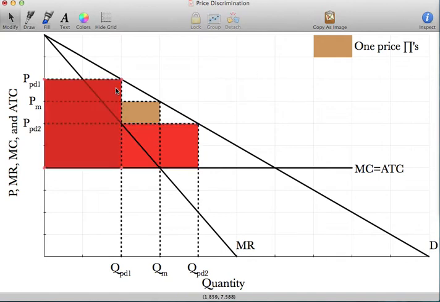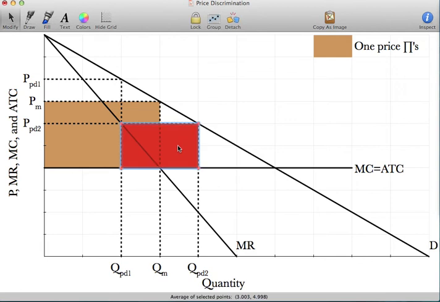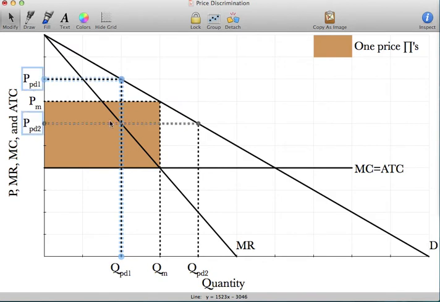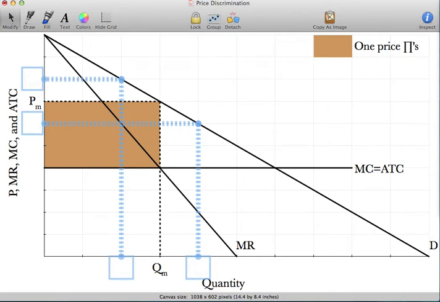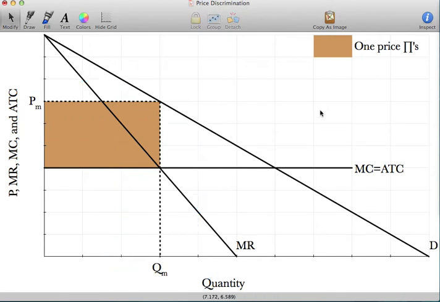Let's take this to a further extreme and assume that this monopolist is going to be able to perfectly price discriminate. And by perfectly price discriminate, what I mean is that they are going to be able to charge the highest price each individual person is willing to pay.